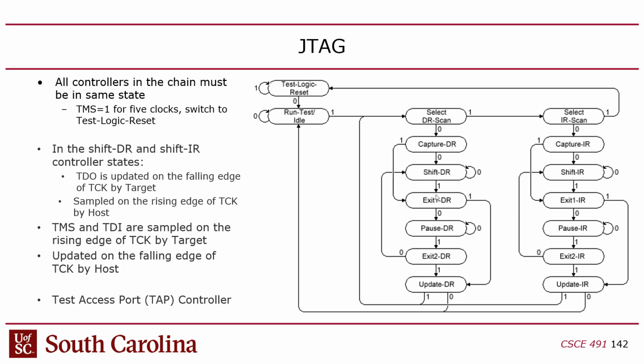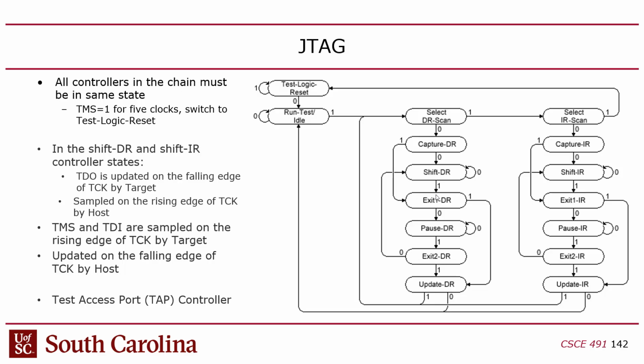That's pretty neat, right? Now the way that works, though, is in order to change the state, you have to use the test mode select along with the clock to basically walk through a state machine. You guys remember we talked about state machines in 6.11, right? So the test mode select is a single bit.